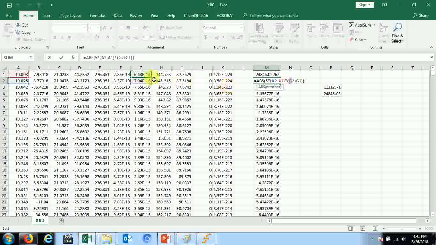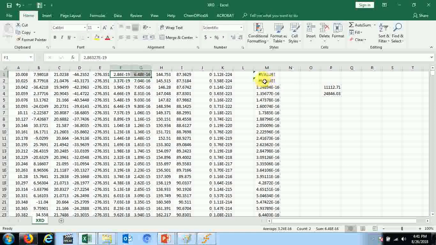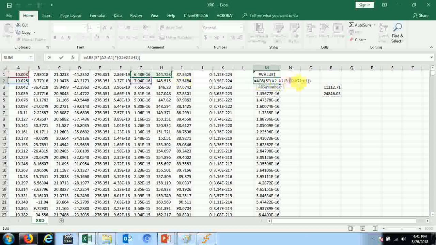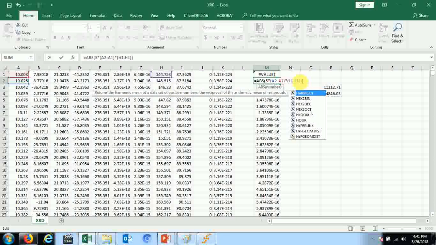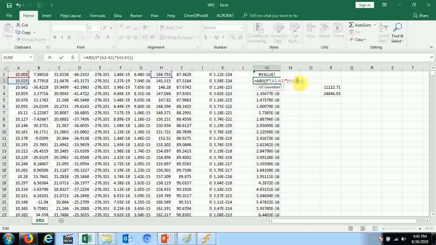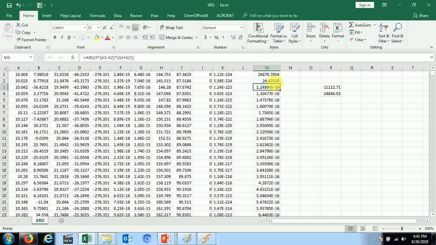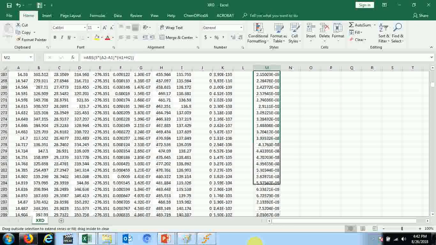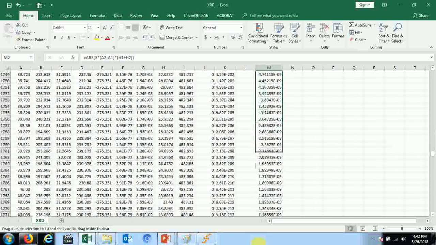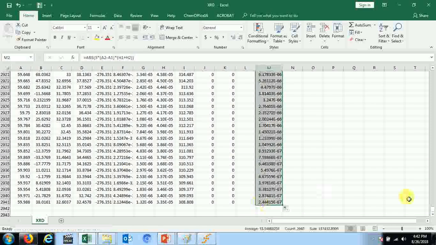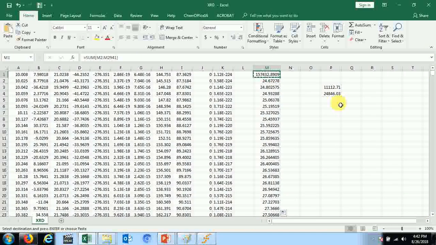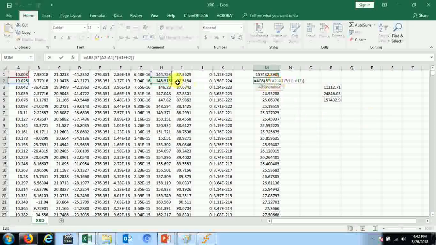For the third, it will be H, H1 plus H2, extended towards the last cell, and this will be the area. Then three more are left.